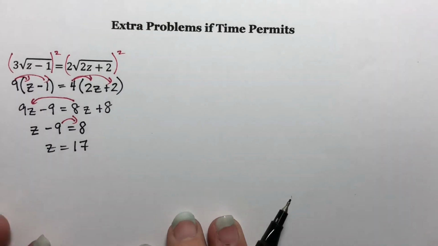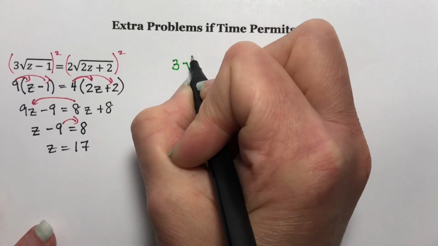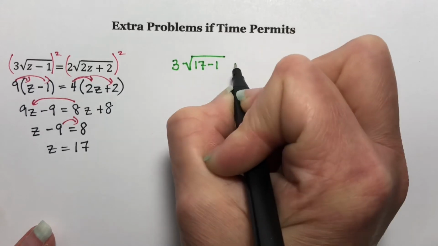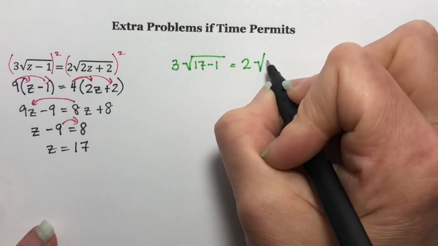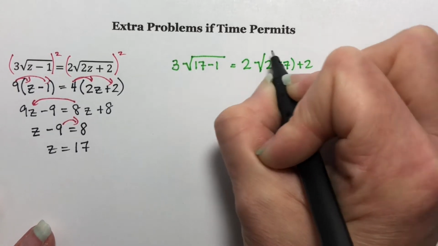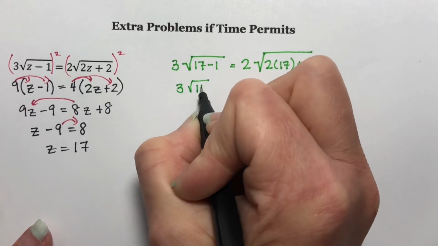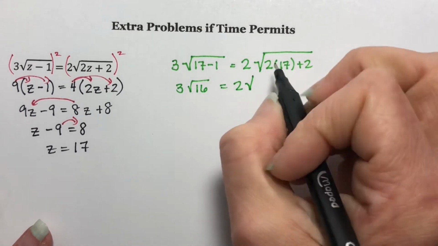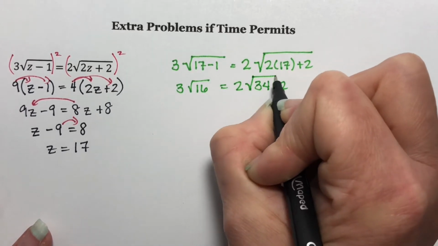Okay, so let's check this. This is 3 times the square root of 17 minus 1 is equal to 2 times the square root of 2 times 17 plus 2. This is 3 times the square root of 16 is equal to 2 times the square root of, that's going to be 34 plus 2.